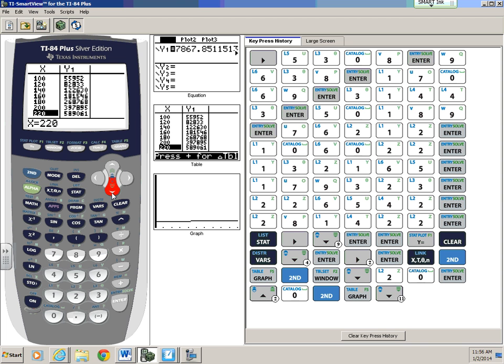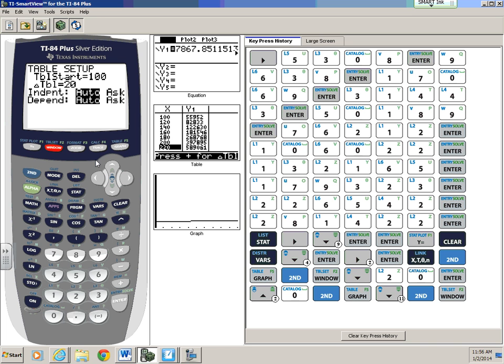Well, now I'm going to keep counting, keep going. And you can see it's somewhere between 200 and 220 years, right? Because I'm at 397 and I'm at 589. So now I go back to my table set. And I'm going to get clever and tell the table to start at 200 and go back to having it count by 1s.